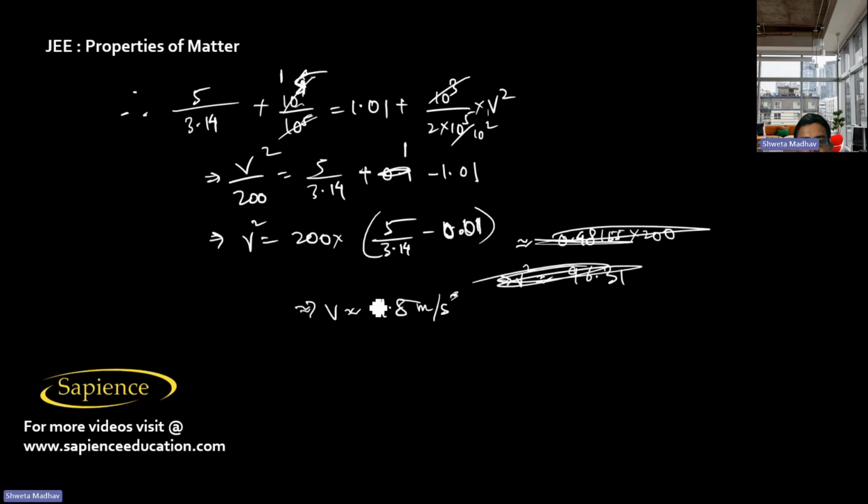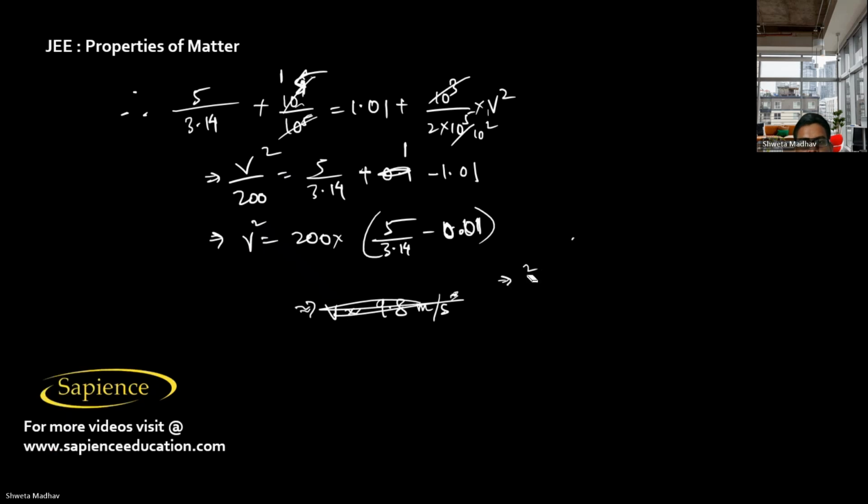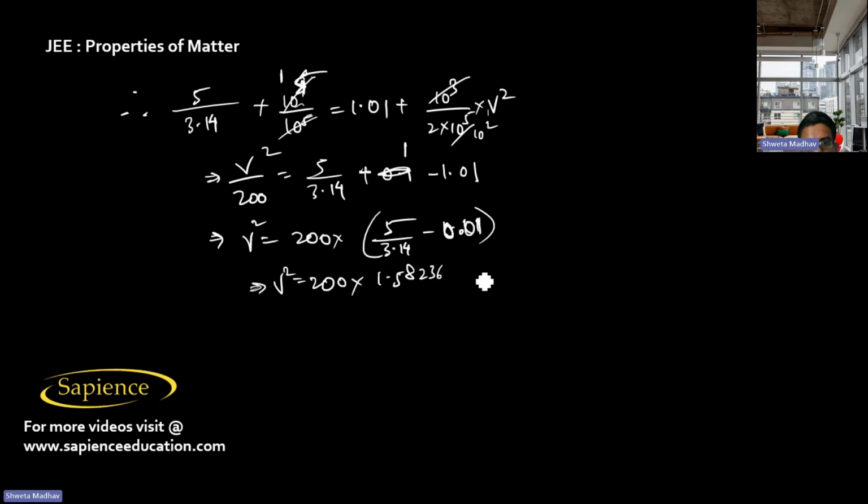V square will be equal to 200 into 5 by 3.14 minus 1.01. So this is 1.5836 approx.